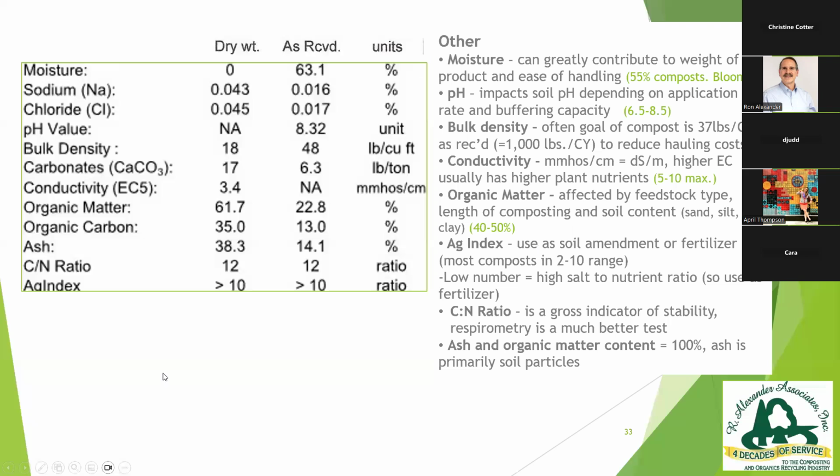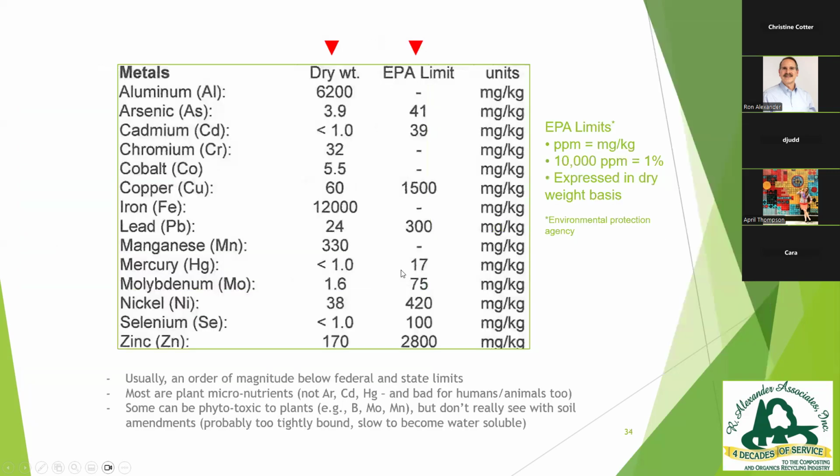Also, remember this when you look at ash content on some of these sheets, it's not the same thing as the ash content used in grass seed evaluation. Ash is nothing more than sand, silt, and clay. It's really dirt content in the media. If you add that content up with organic matter content, it equals 100%.